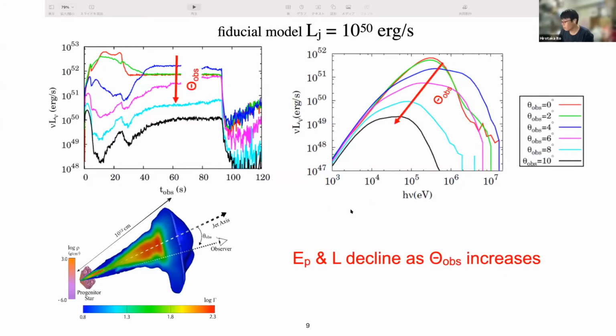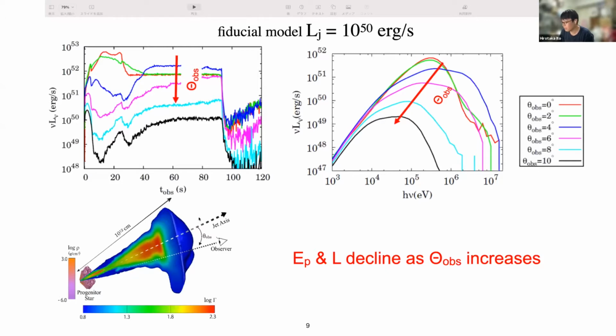Okay, so another important feature found in the simulation is the viewing angle dependence of the spectral peak energy and luminosity. This is due to the lateral structure of the jet. As a result of the jet-stellar interactions, jets have a powerful, fast core at the central region, which is surrounded by slower, decaying wing regions.